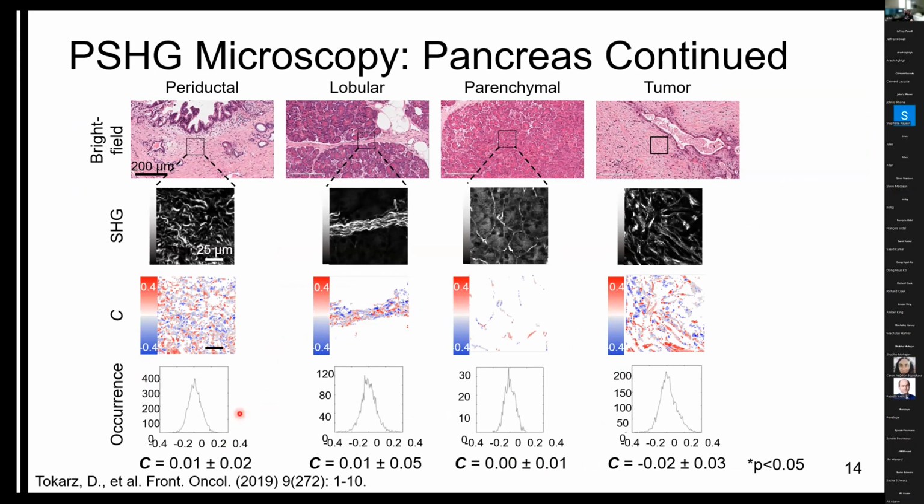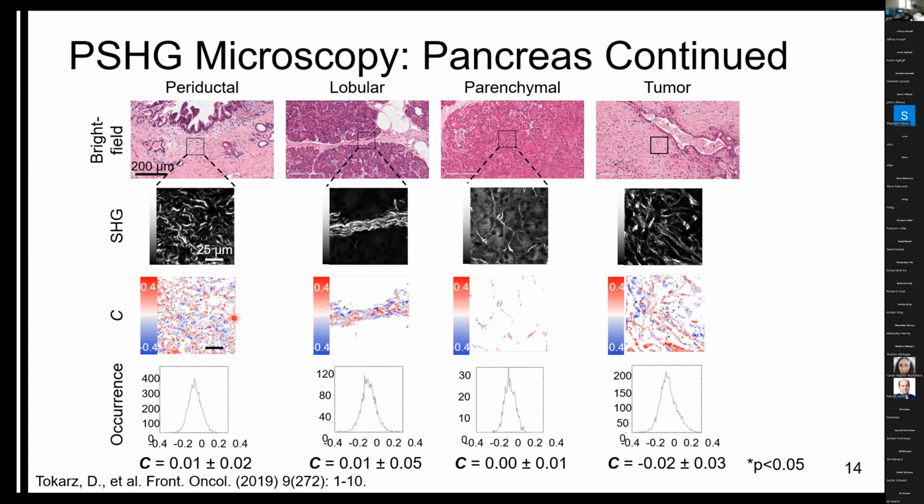What we see here is that the fitted C values really visualize the distribution of the collagen polarity, meaning that the two colors indicate if the average tilt of the fibers in the focal volume is above or below the imaging plane.